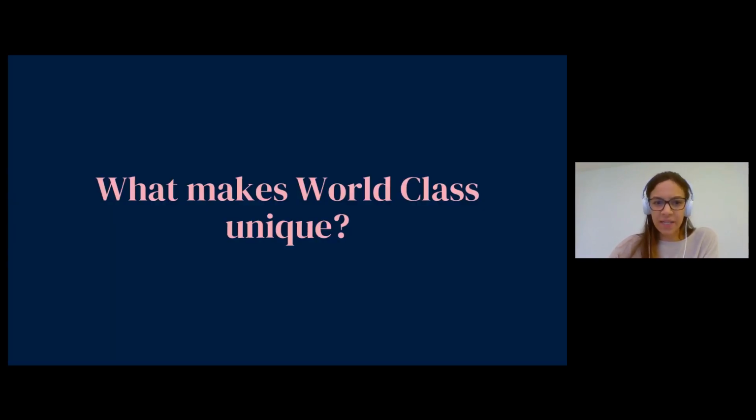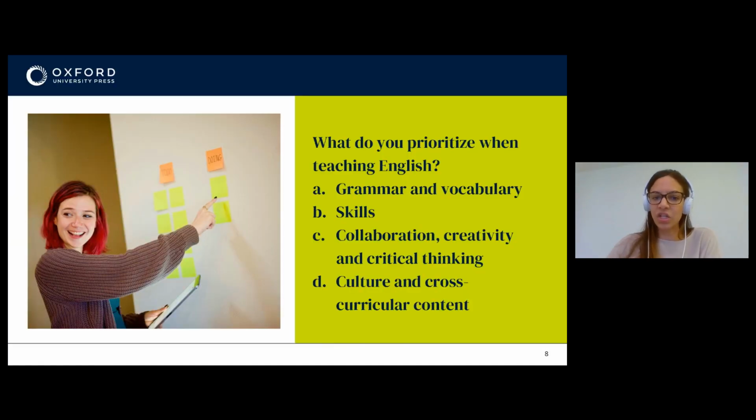Before we start, I would like to ask you a few questions. Maybe you can answer in the chat box. Before we look at what makes World Class unique, let's see what makes your classes unique. What do you prioritize when teaching English? Would it be grammar and vocab? Would you prioritize developing the four skills, or maybe one skill in particular? Are you interested in collaboration, creativity, and critical thinking?